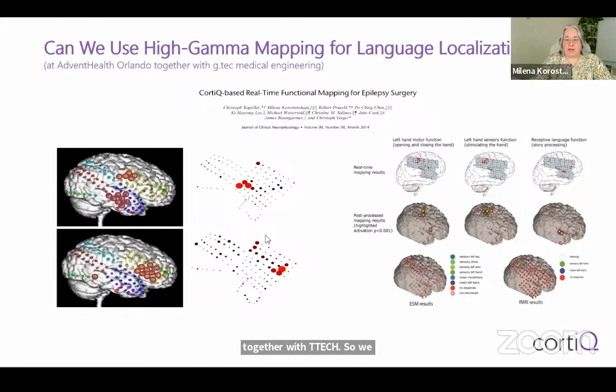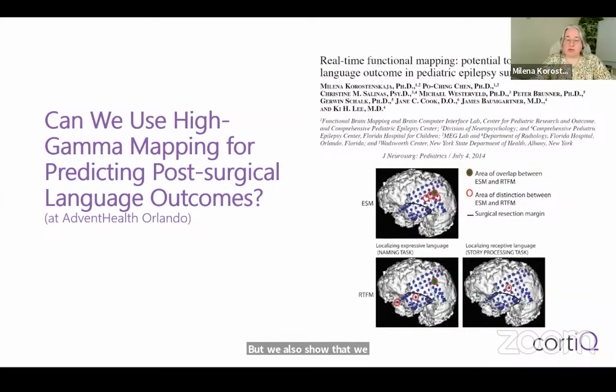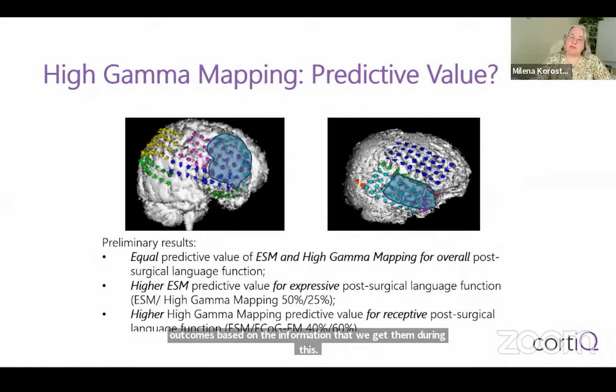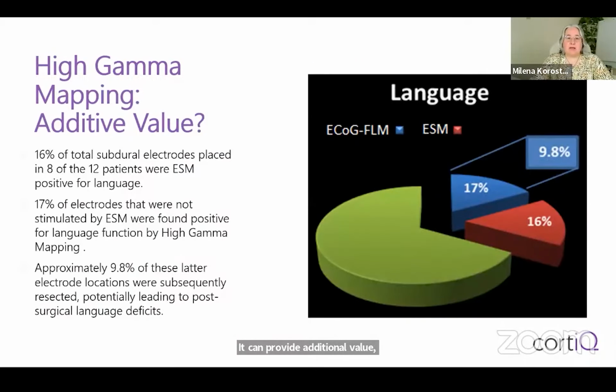Then this is a group from Japan, Dr. Agawa, who showed that it's validated, CARTIQ, for intraoperative mapping. We also show that we can predict certain surgical outcomes based on the information that we gathered during this gamma mapping. It can provide additional value, not only predictive, but additive value.